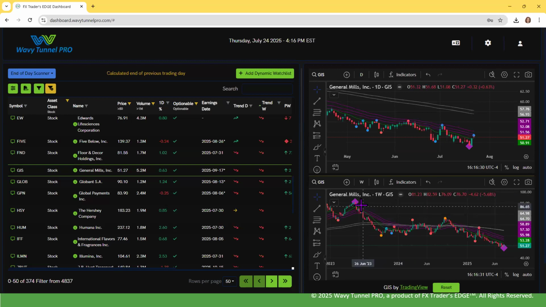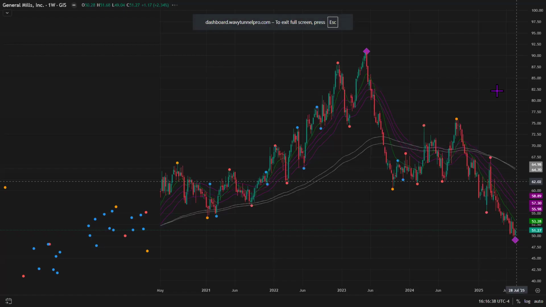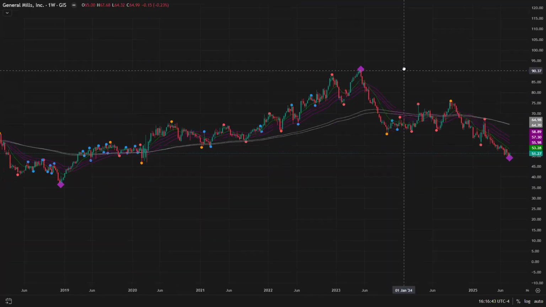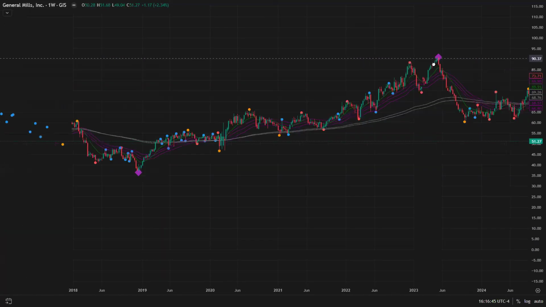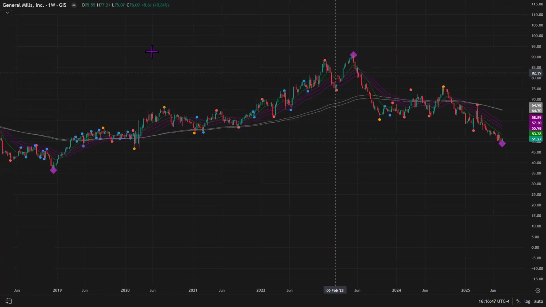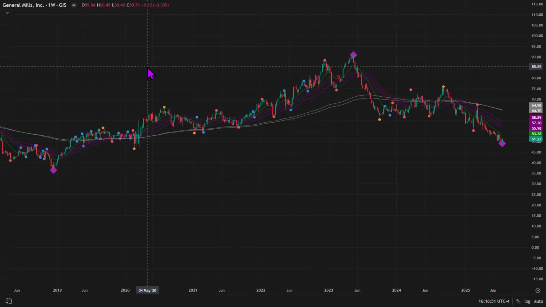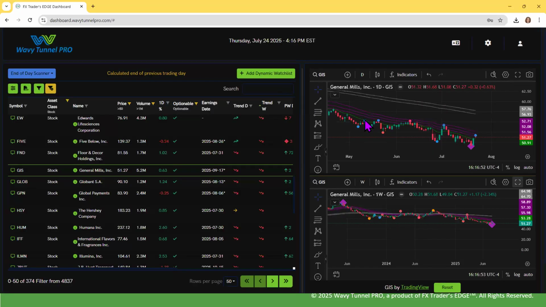So this is a very, very deep correction, okay? Very steep move. I could open up the chart. Here, let's just have a look. And you can use Fibonacci here. I'd have to open up this chart this way.